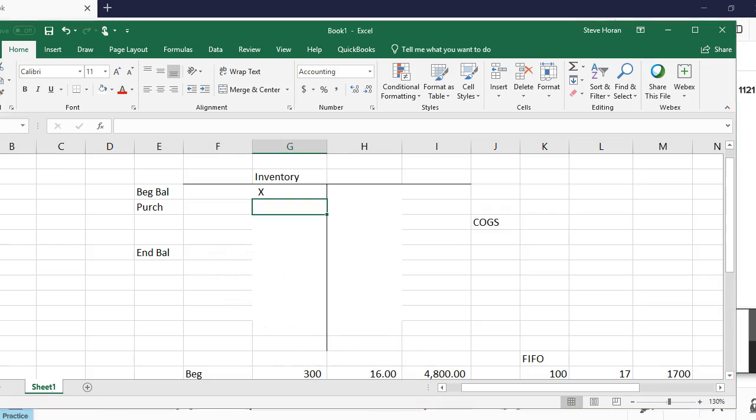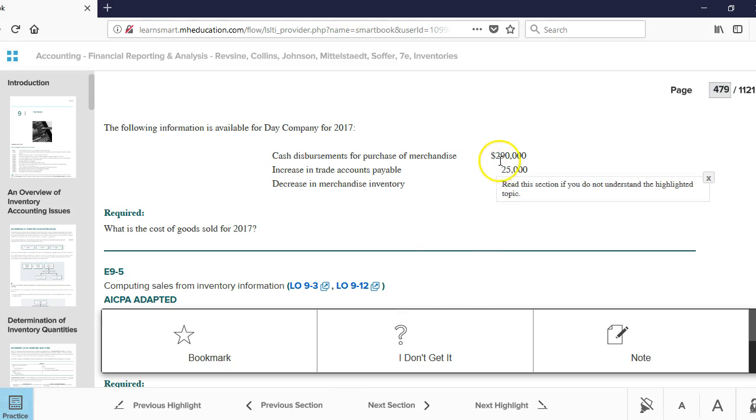They told us in the question that we spent $290 to buy inventory, and that the payables increased by 25. So the key to this question is that you can identify that I wrote checks for $290,000 to buy inventory, and my payables, because they went up by 25, the sum of those two numbers is actually my purchases. 290 plus 25 is 315, and that's the amount of my purchases for the year.